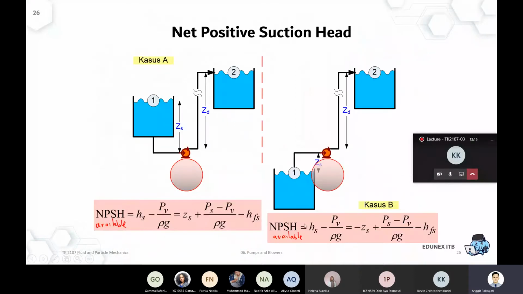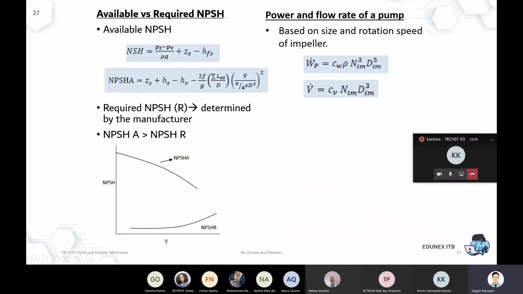Okay, so once we combine those concepts, now we can conclude the general NPSH requirement. That's NPSH available.